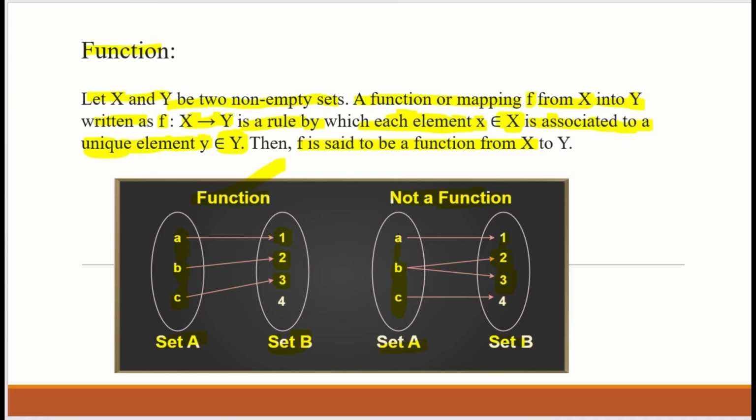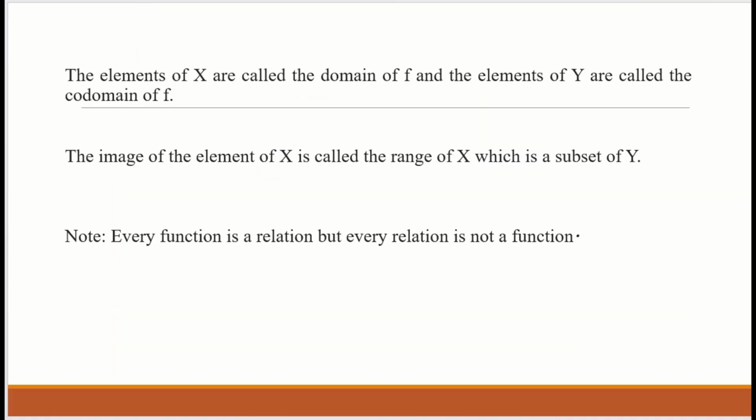Example. Next, we will go to the next concept: the elements of X are called the domain of f. Previously, we saw that the elements of X are called the domain of f and the elements of Y are called the codomain of f. Set X is the domain, set Y is the codomain.